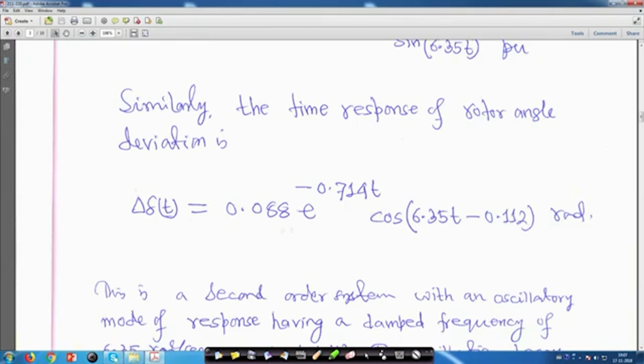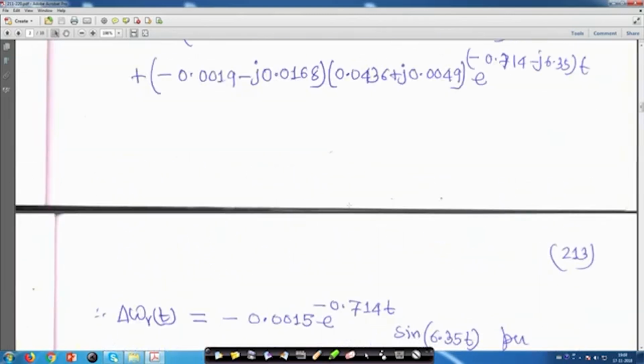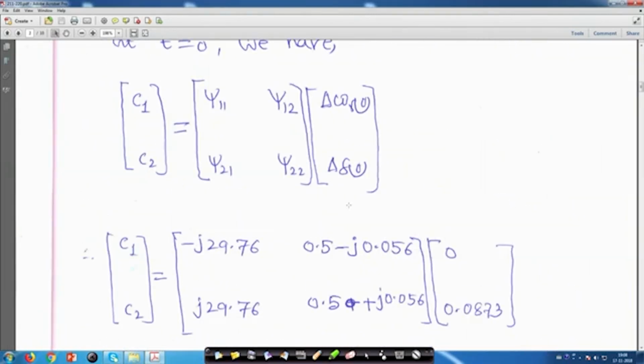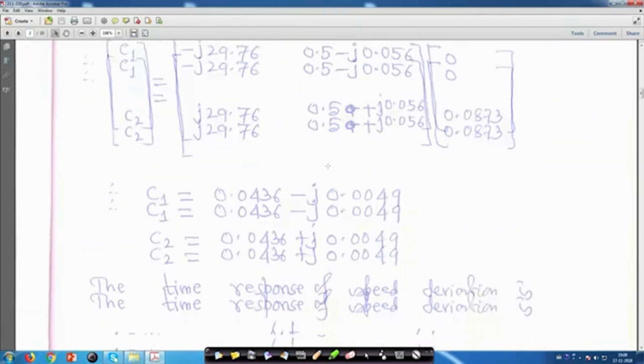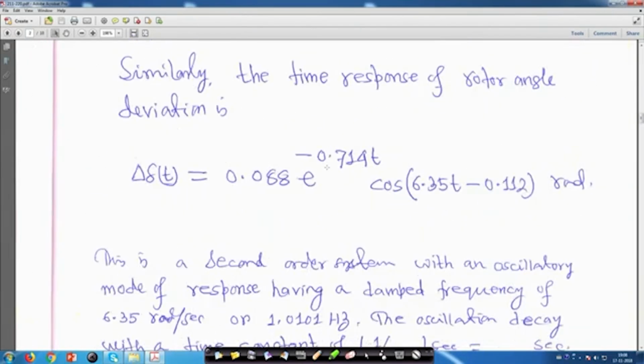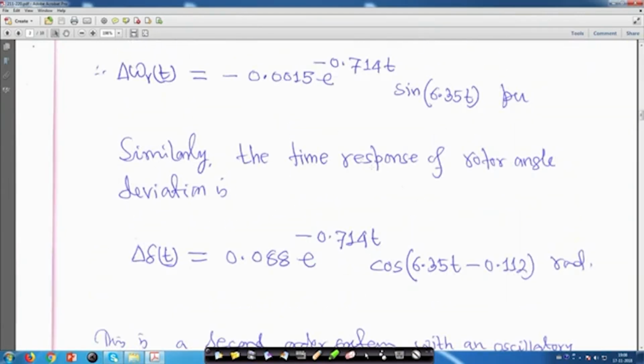Now, if you put t equal to 0, you will find delta at t equal to 0 will become 5 degree, or as we have converted to radian, 0.0873 radian. From that you can make out that your response is correct. So this is delta t and this is your delta omega t, the time response. From that you can make out that this response is stable.